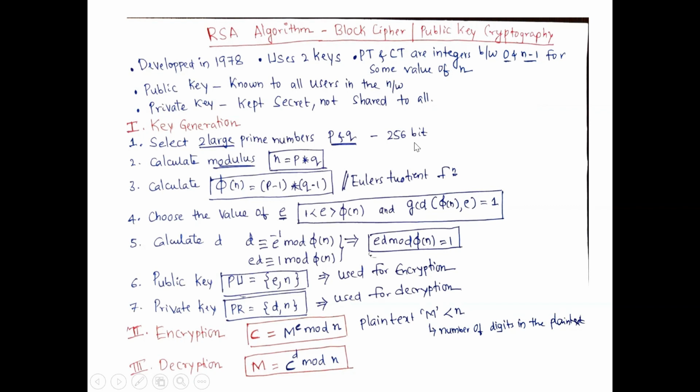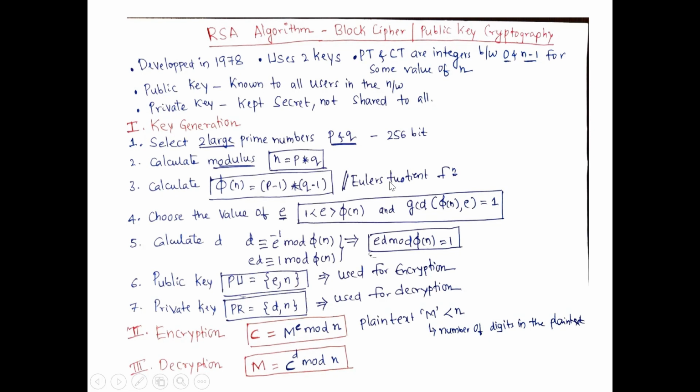Okay. Next, calculate the modulus value, which is nothing but n, the product of 2 primes, that is n equals P into Q. Next, calculate phi of n. Phi of n is nothing but Euler's totient function, which is equal to P minus 1 into Q minus 1.